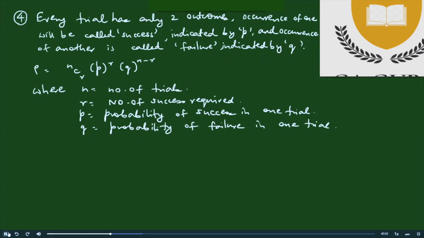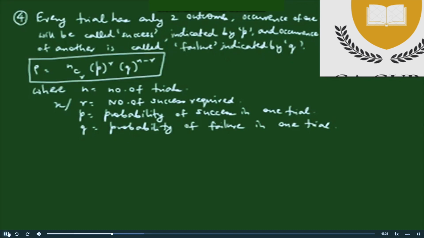In some books they also refer to R as X, which is also okay.